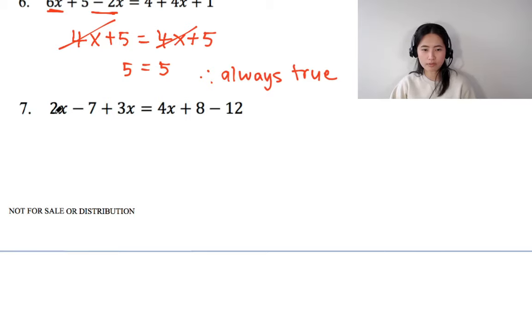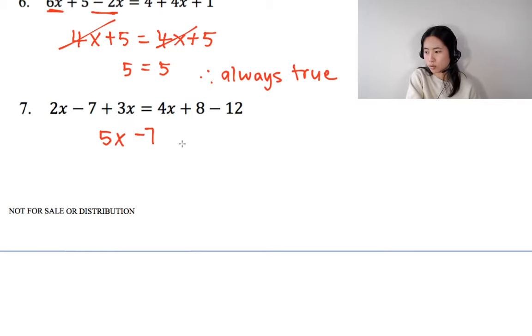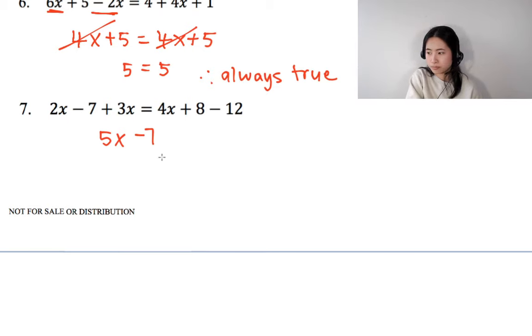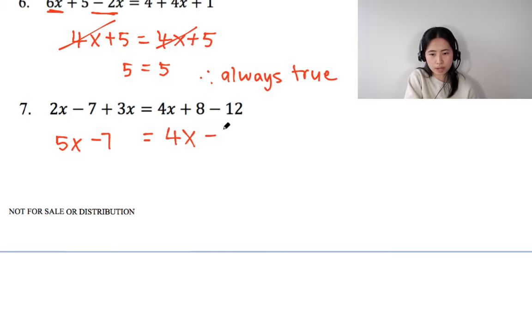Okay, so you have 2x minus 7 plus 3x is equal to 4x plus 8 minus 12. As you can see, you have 2x and 3x here, so that would give you 5x minus 7, which is going to be equal to 4x, and then we have minus 4, right? 8 minus 12 is negative 4.